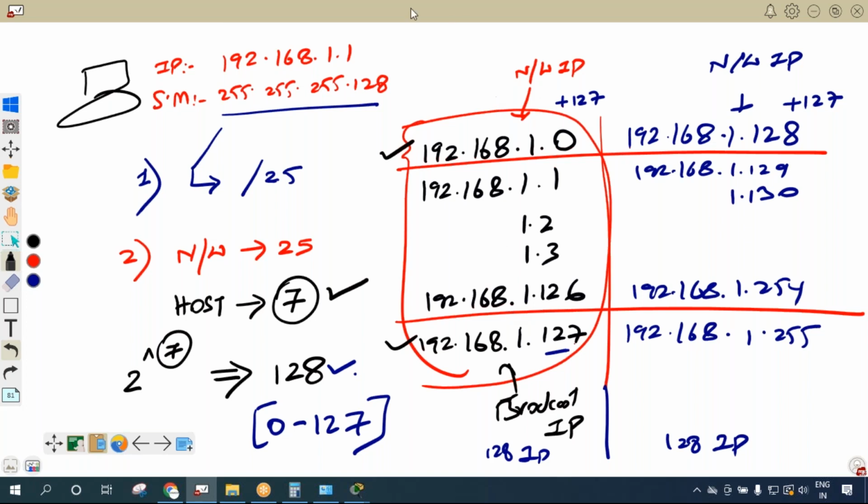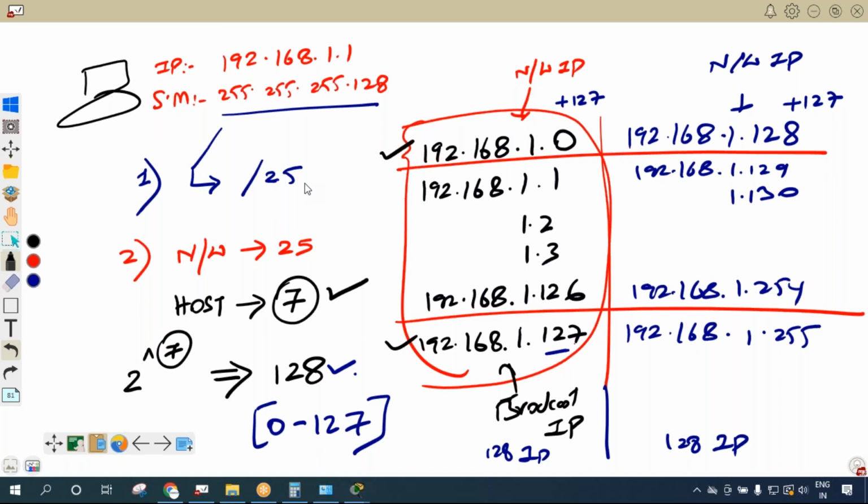So what happened when you created a /25 subnet mask? You divided it into two parts, meaning there was a big house, a big subnet /24. If you go for /24, you get how many IPs? 8 bits, right? 2 raised to 8 is 256. So you get more hosts.